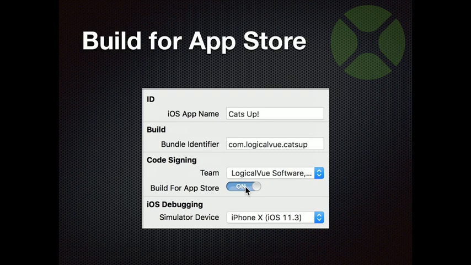There's also a very lengthy step-by-step guide in the documentation on how to do that. Generally, you just go to the Apple site, create your certificates, and create an app ID. Right here I have the Catsup bundle identifier, that's the app ID, and then you just download all that stuff and install it in Xcode and then on your device, and it typically just works. If it doesn't work, you do it again and again sometimes.